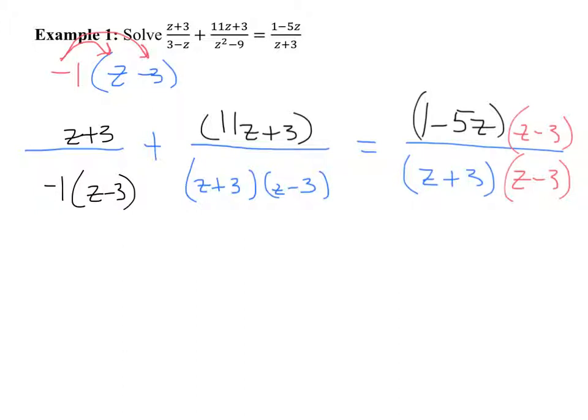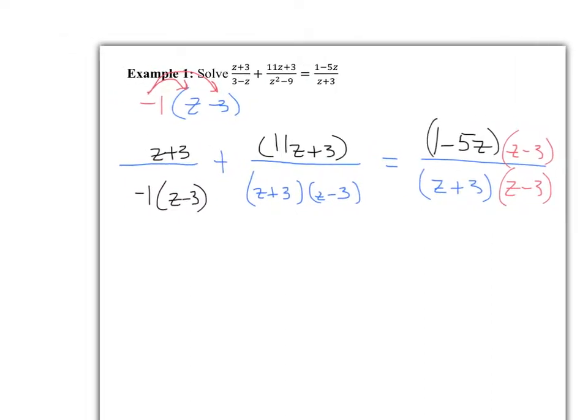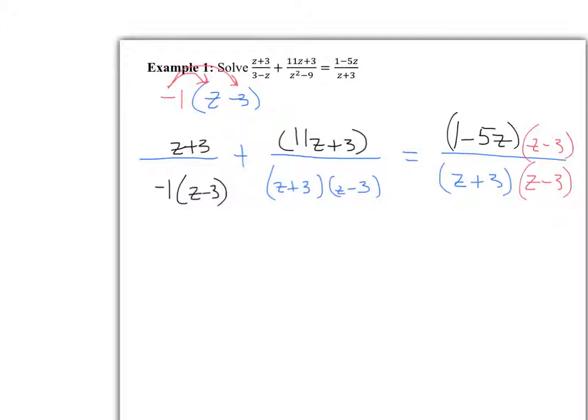What I need to do is multiply on the left-hand side over here, we're going to have z plus 3, z plus 3. Now, that negative 1 in the middle is a factor. So this is z plus 3 times negative 1 times z minus 3. So multiply negative 1 in both of these now. And you'll have an LCD.